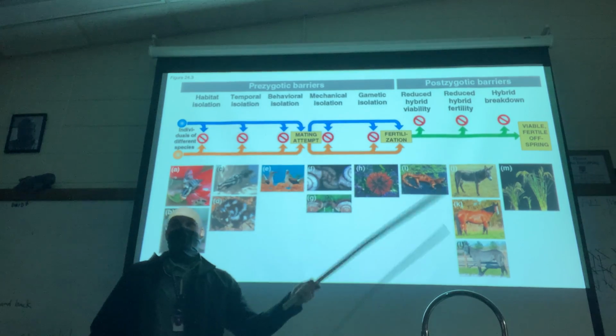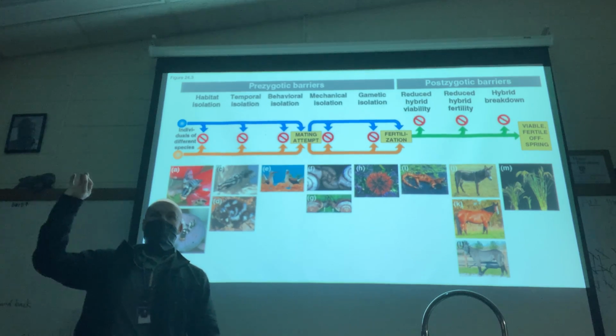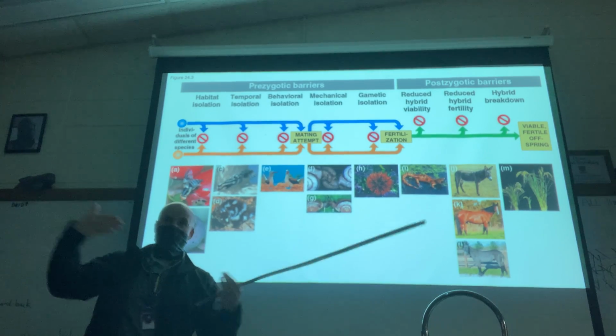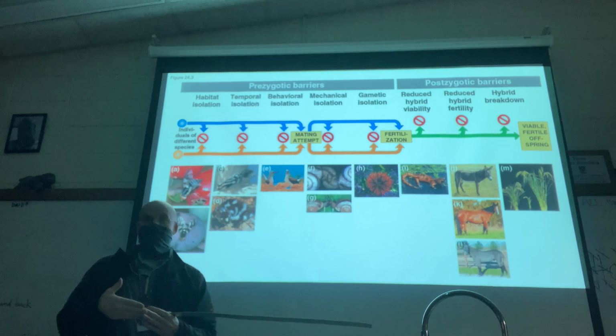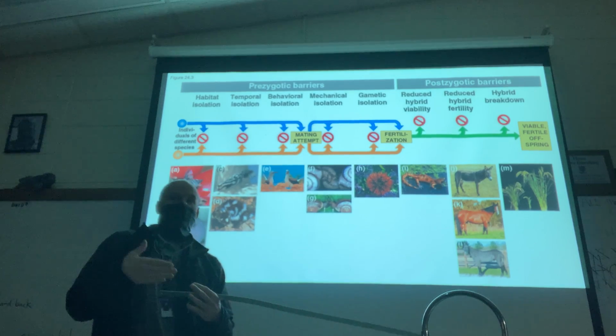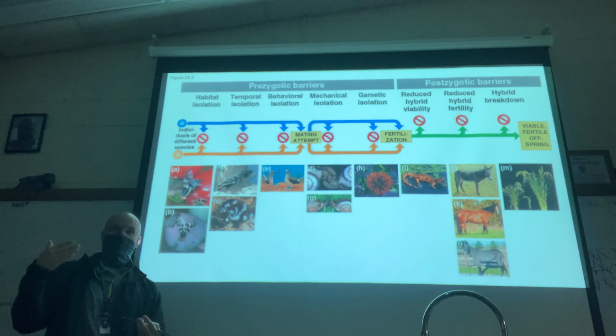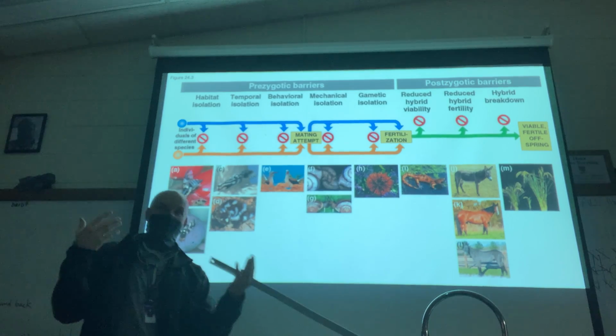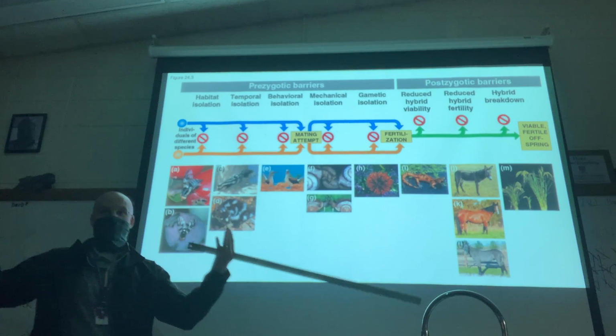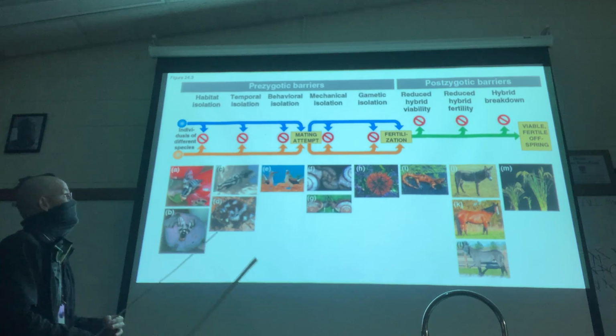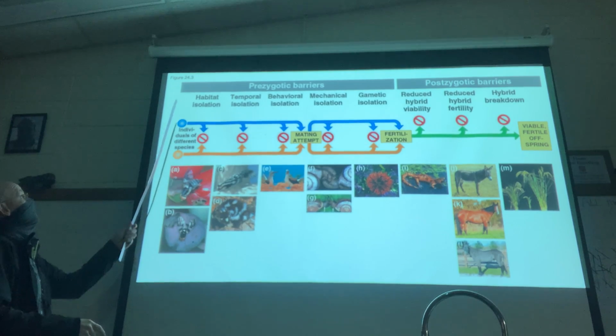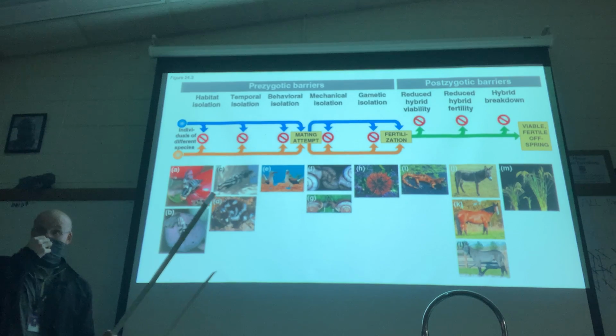Pre-zygotic barriers are things that can prevent fertilization from even happening. So why is it that a sperm cell could just not get to the egg cell of individuals from these two groups? Now, habitat can play a role.